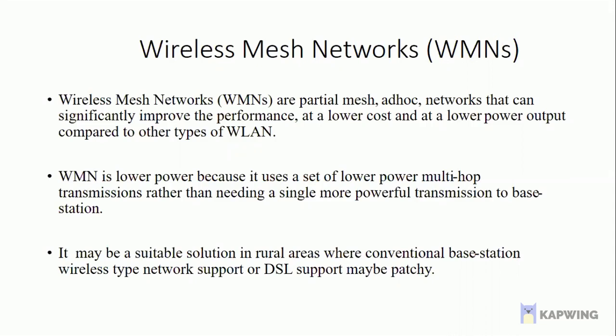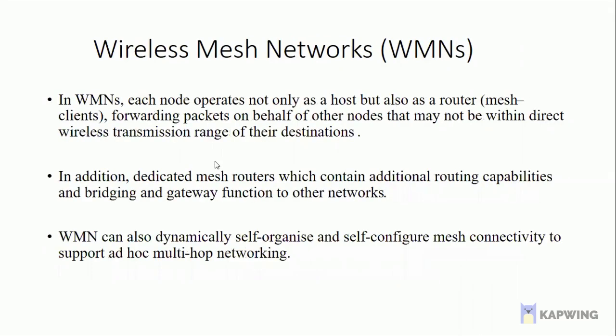It may be a suitable solution in rural areas where conventional base station wireless network support or DSL support may be patchy. In a wireless mesh network, each node operates not only as a host but also as a router, that is a mesh client, forwarding packets on behalf of other nodes that may not be within direct wireless transmission range of their destination.